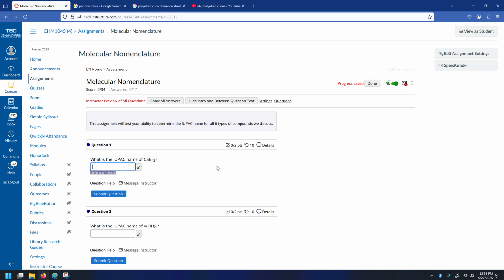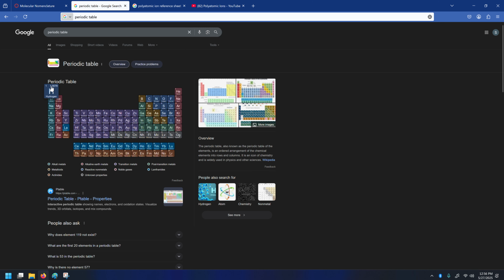Thankfully, this is the easiest of the sets of rules. You simply need to state what the first element's name is, and then change the suffix of the second element's name to -ide. If the first element is in the main group, that is the first two columns and all of this big chunk over here, then you don't need to include a Roman numeral to represent the charge.